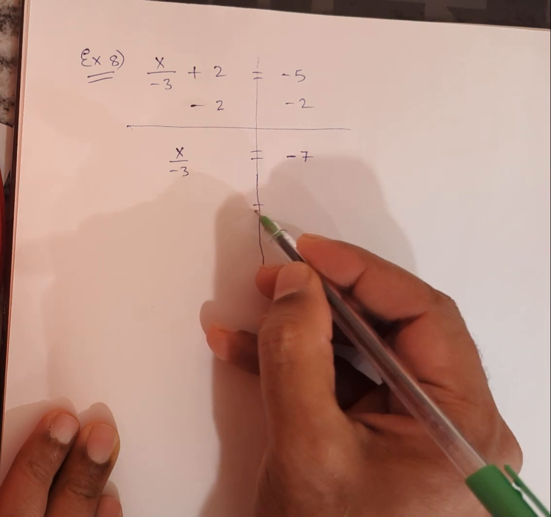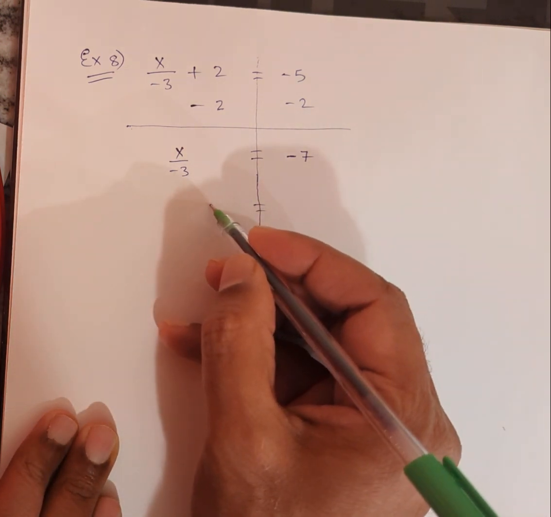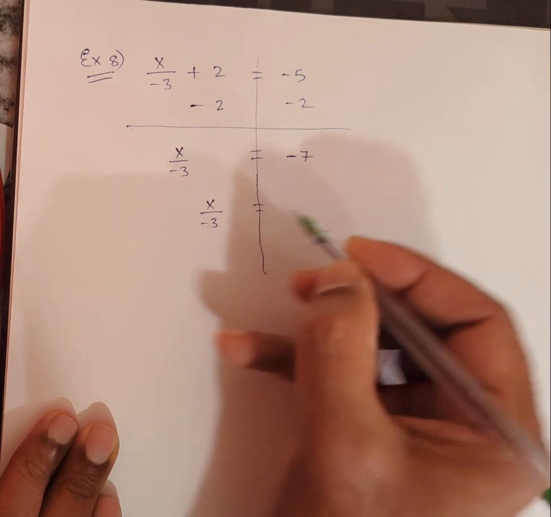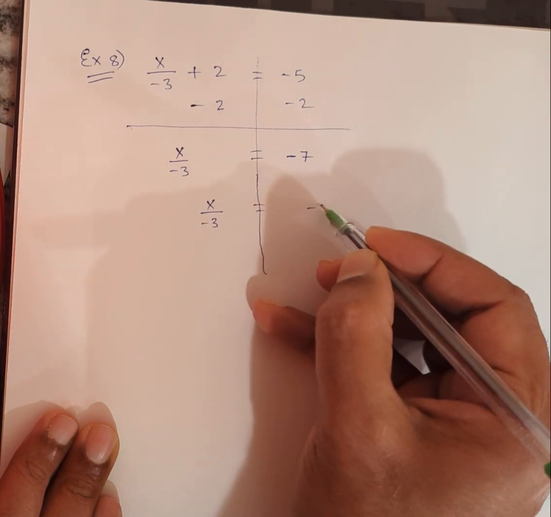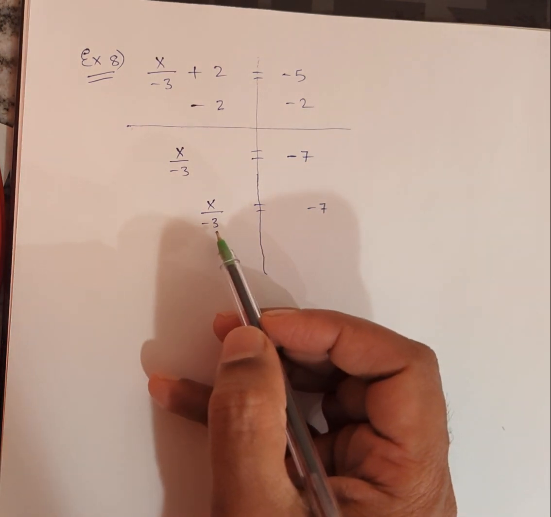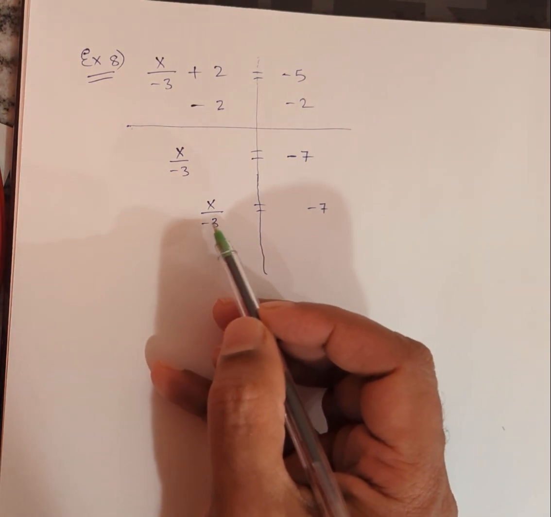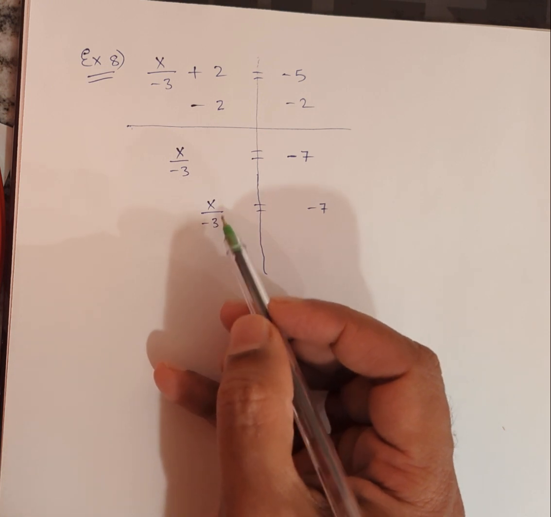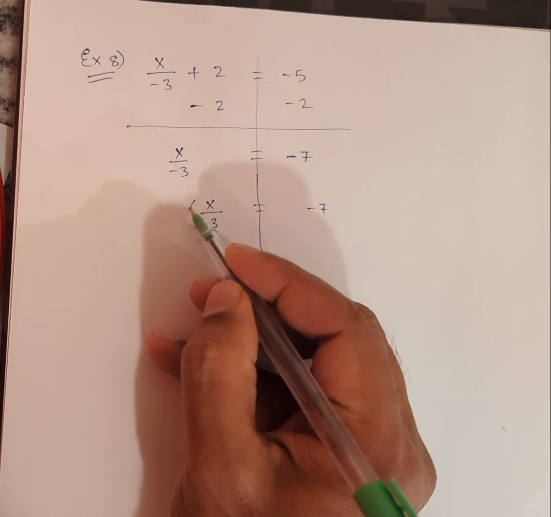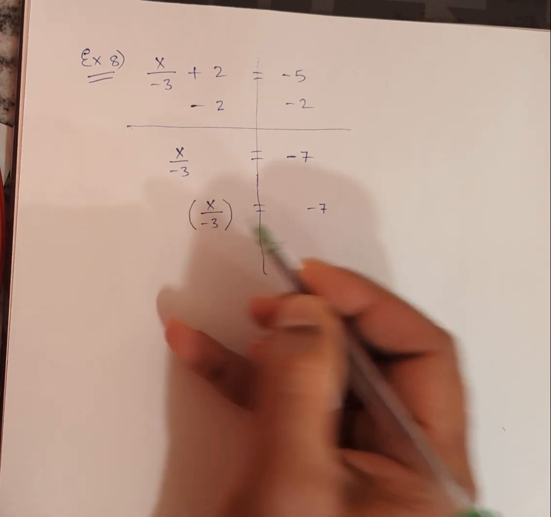Now, what do I have to do? This time, let me copy that equation. Now, I have to get rid of the negative 3 in the denominator. So, I'm dividing x by negative 3. To get rid of that, we multiply both sides by negative 3.